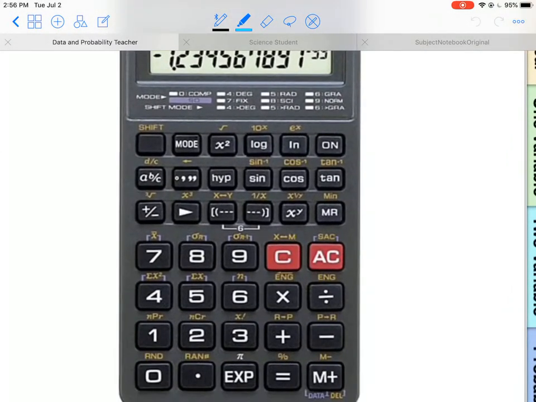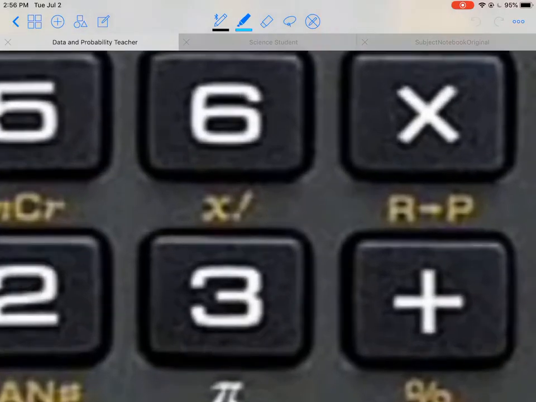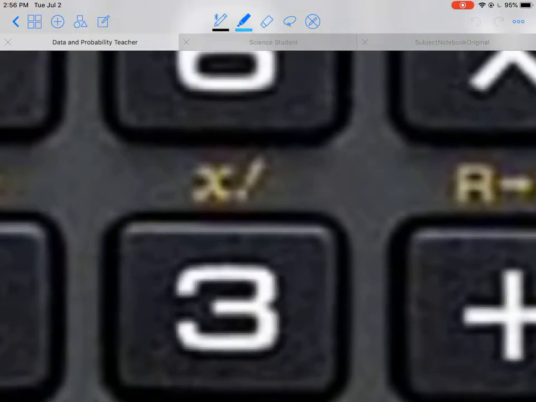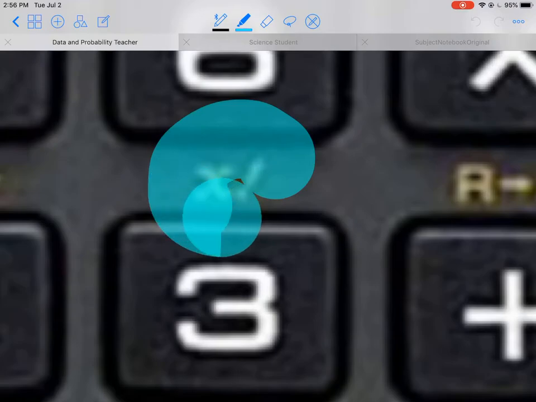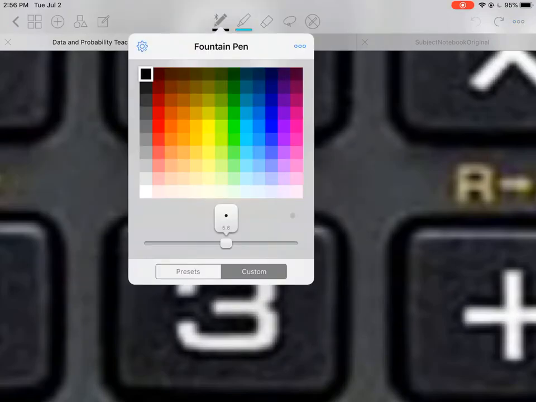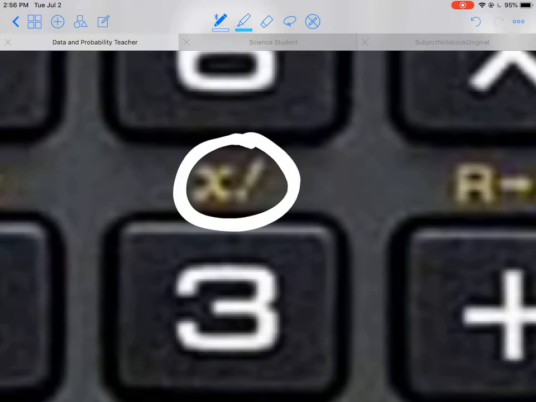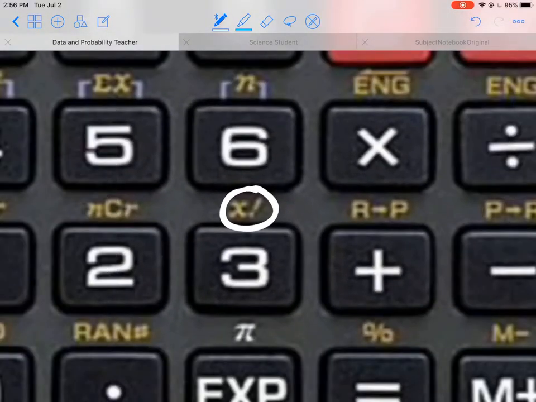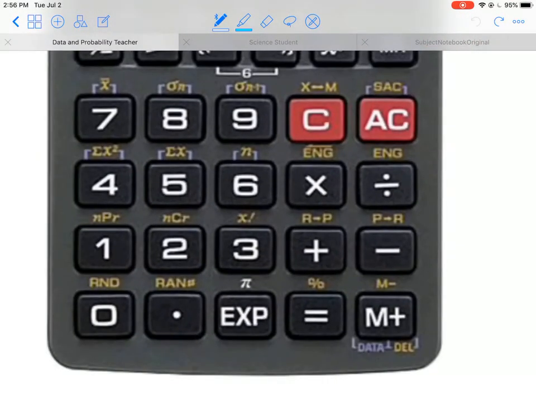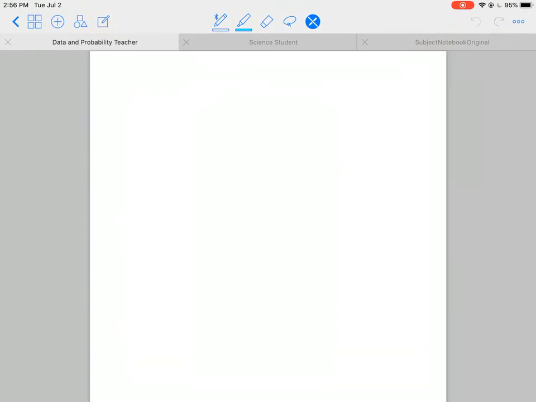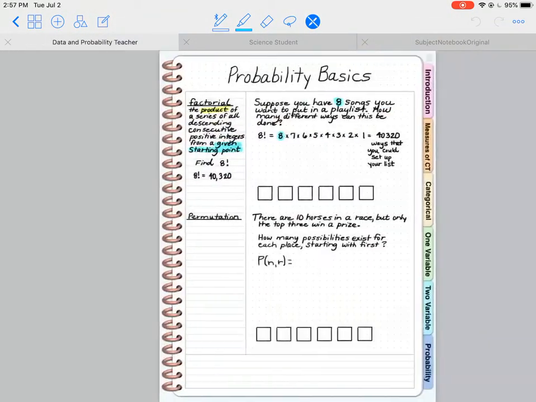If you look above the digit 3, I'm going to zoom way in there. Do you see them right here? This is what we're after. You see that exclamation point? That is some number factorial. It's above the 3. That's the button we're looking for. So let me get us back to the page that I need to be on. Sorry, that was kind of a wild hair idea, but it's okay.